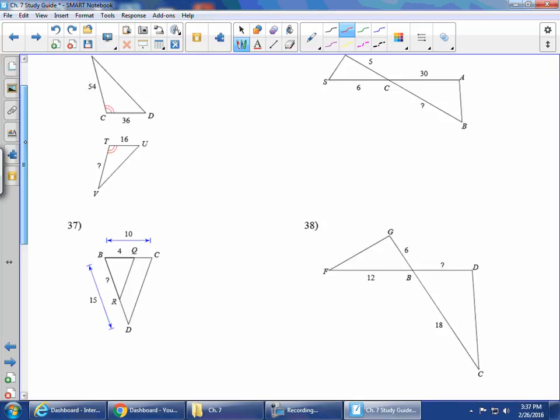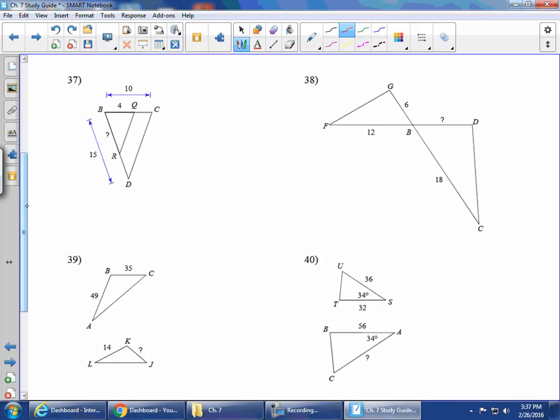Okay, moving on. Do the same thing on all those. Something like 37. You're comparing this triangle right there to the whole triangle, and the blue line on your screen where this 10 is and this 15 is letting you know that whole distance from B to C is 10 and from B to D is 15.